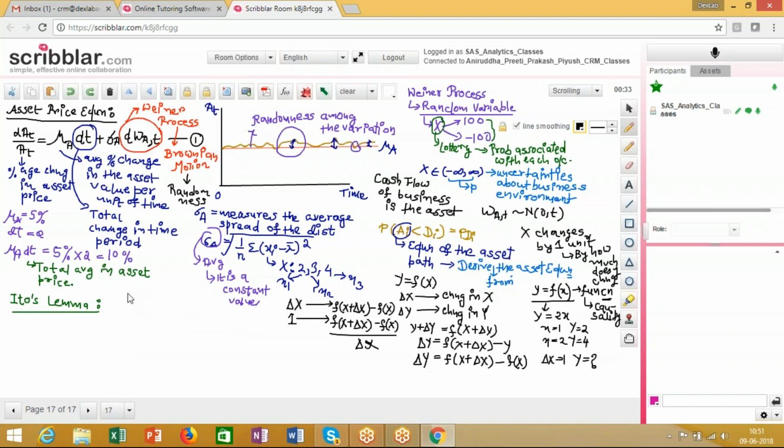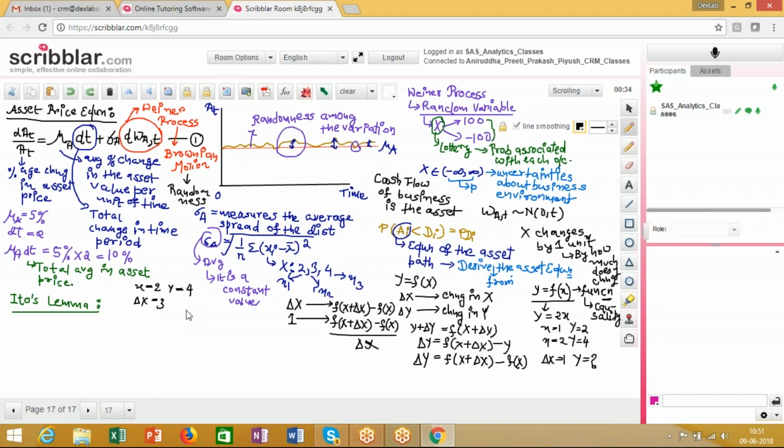Correct? So initially x was 2 and y was 4. Now x changes by 1 unit. Delta x is 1 unit. Or say delta x is 3 units.